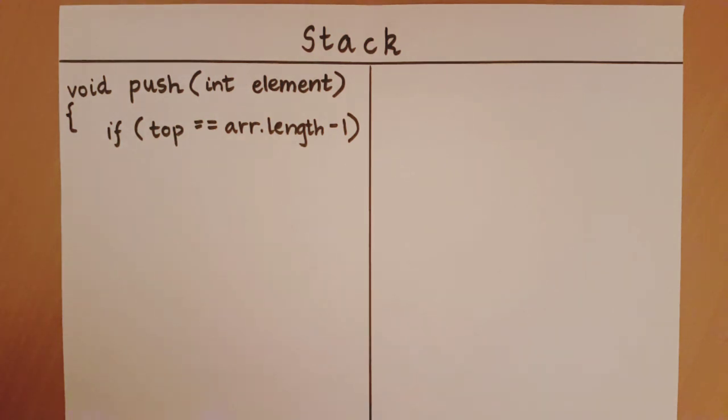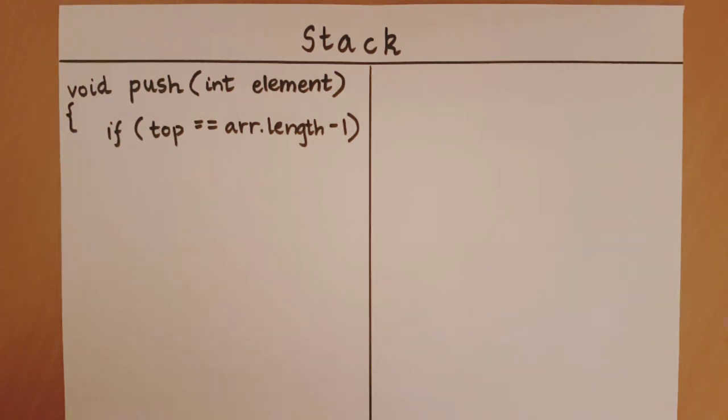When we say that the top has reached the end of the array, we say that the top is equal to the last index of the array. The last index of the array can be represented by arr.length minus 1. This is because when we say the array can store 5 elements, the indexes in which they are stored are 0, 1, 2, 3, 4.